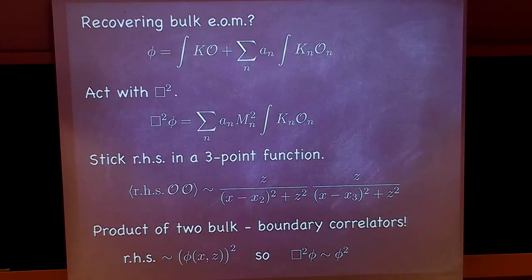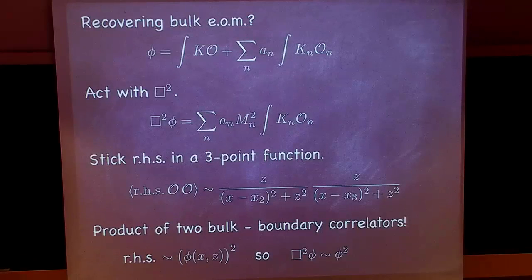Where does the particular CFT enter? So the dynamics at this order come from the 3-point correlator in the CFT, and that's fixed by conformal invariance up to an overall coefficient.